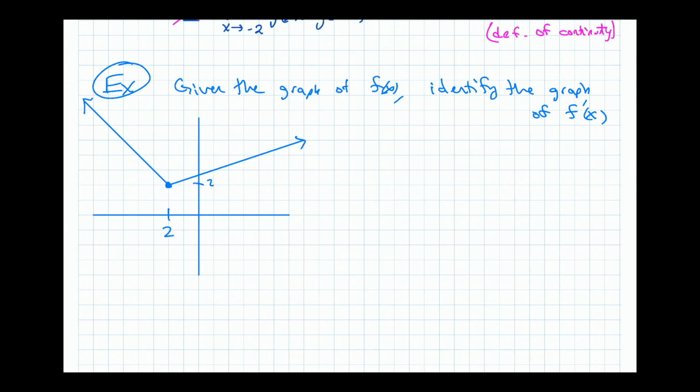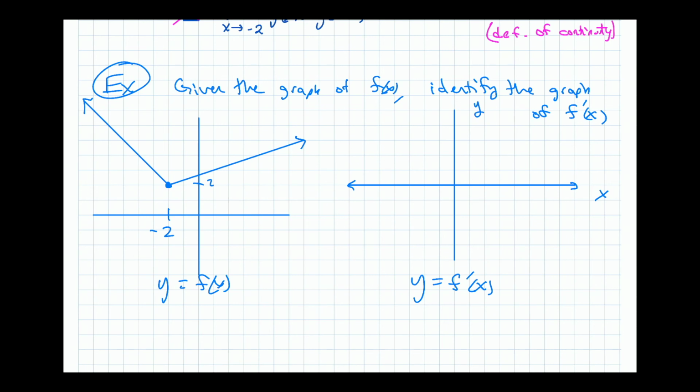Hopefully that's good enough. All right, so this is a graph of f of x. And we want to draw the derivative. That must be -2, sorry. Okay, that's x, there's y.